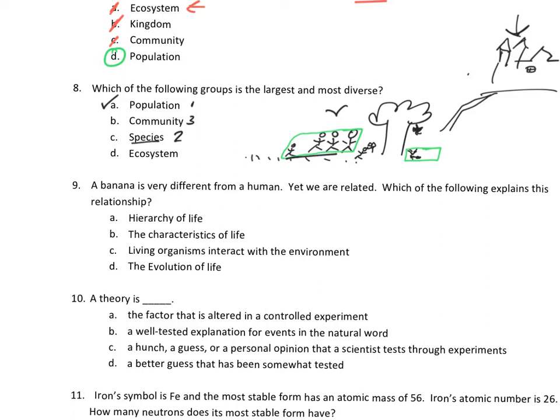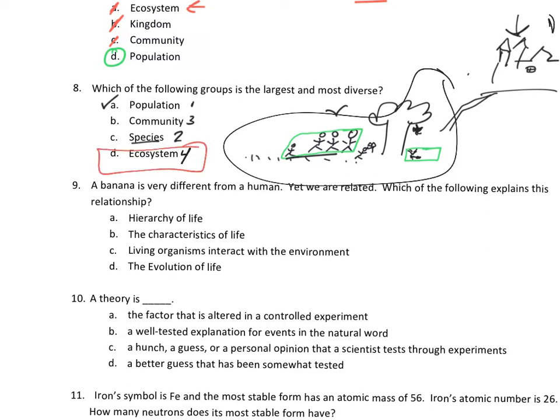And then the biggest is number 4, an ecosystem. The ecosystem could be everything in the forest, the whole forest, not just this area here, but maybe the forest goes out for 50 or 100 miles. That whole thing is an ecosystem that includes the earth and the rocks and the water and everything else. So it's much more diverse, and the biggest unit is ecosystem.